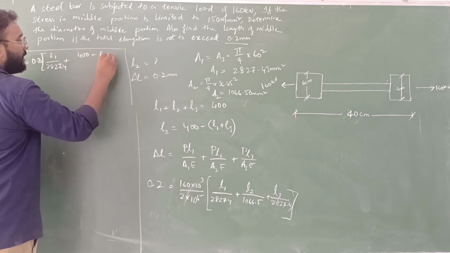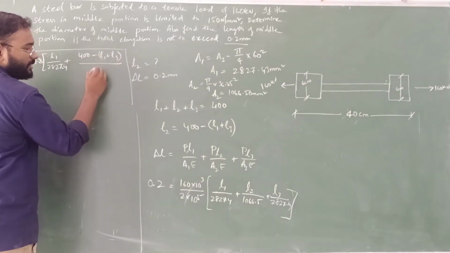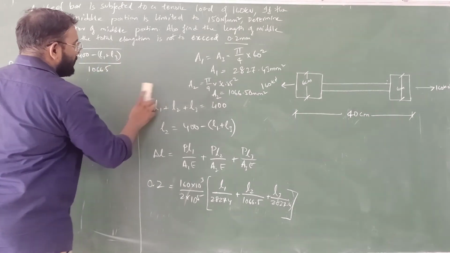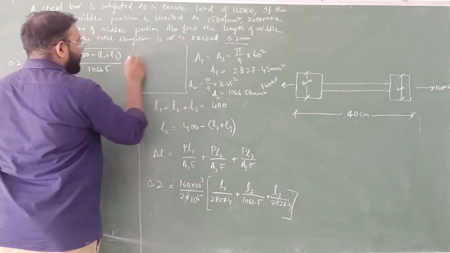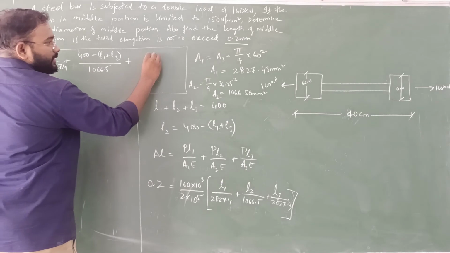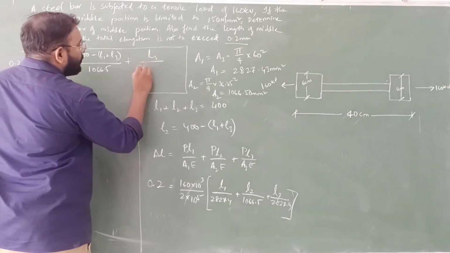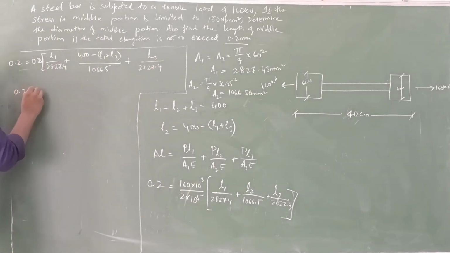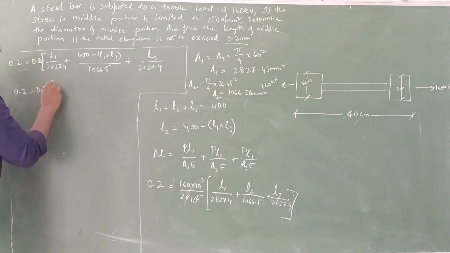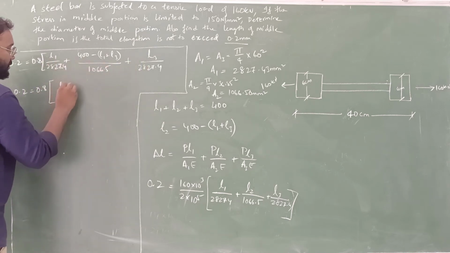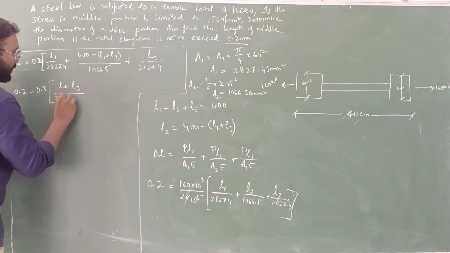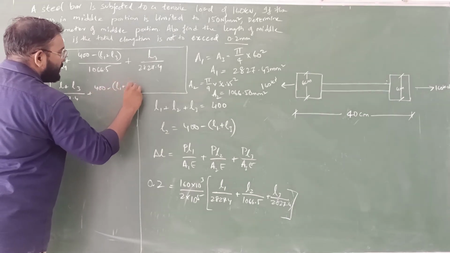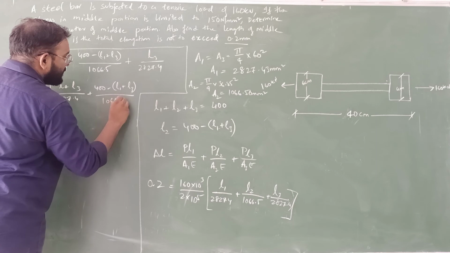So 0.2 is equal to 0.8 into L1 plus L3 divided by 2827.4 plus 400 minus L1 plus L3 whole divided by 1066.5.